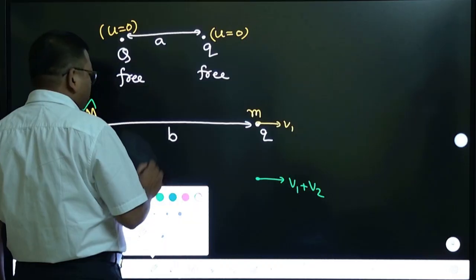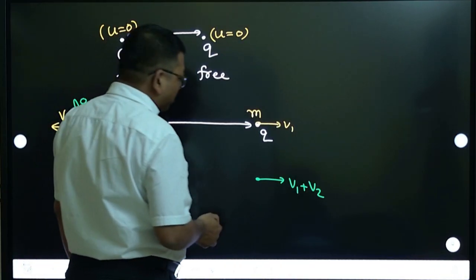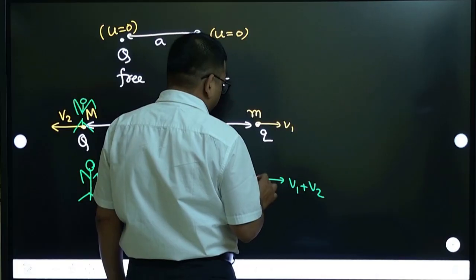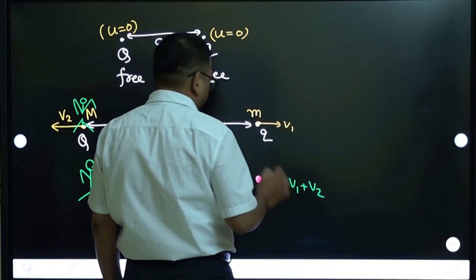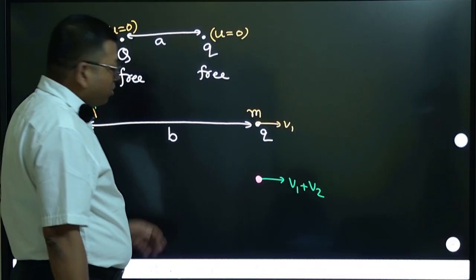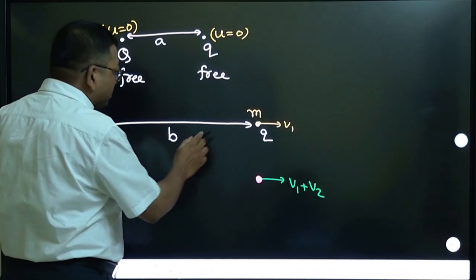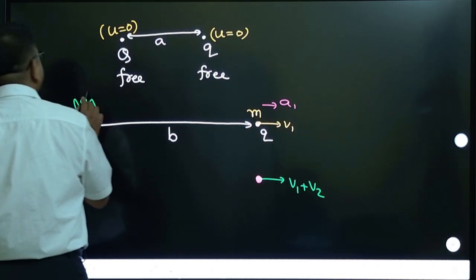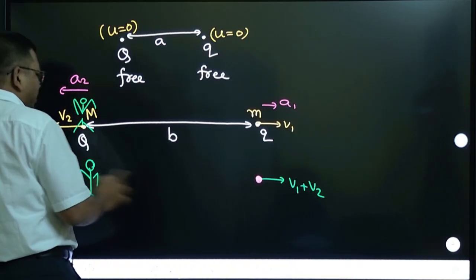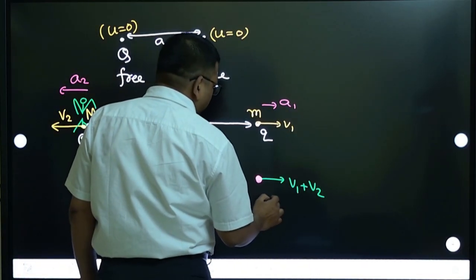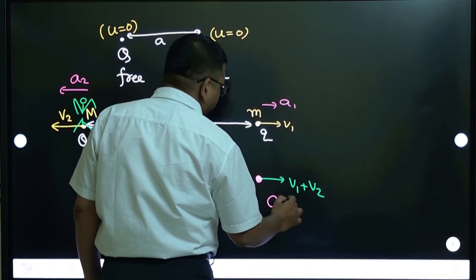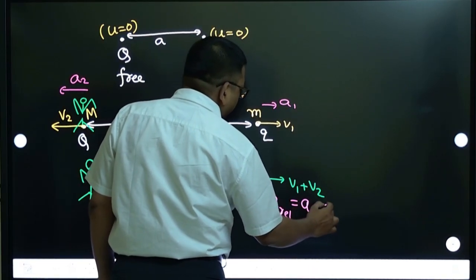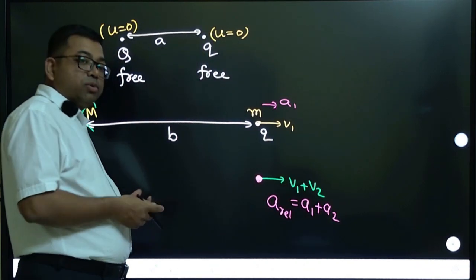When you are going to do the same thing, but what force is going to see? Or what acceleration he will see, because this is accelerating in this direction and this is accelerating in this direction. So relative acceleration will be a1 plus a2, because the accelerations are also opposite.